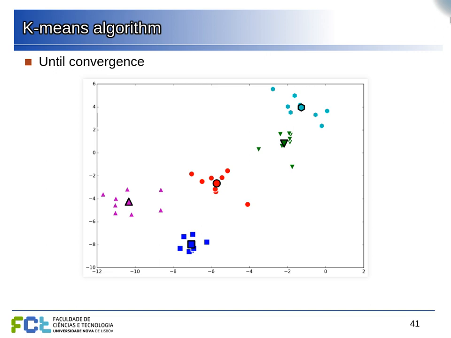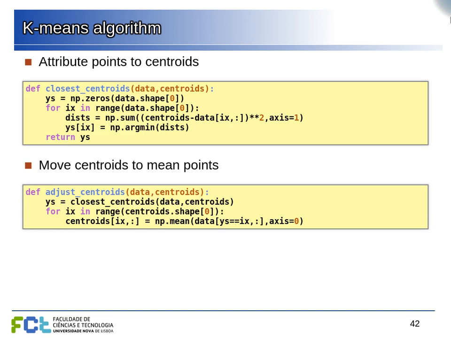So just going into a bit more detail, you don't need to implement this because you have k-means in scikit-learn, but we can look at it. Finding the closest centroids, we simply compute the distances to all the centroids, and then we compute the minimum of all those distances. So we find the index of the centroid that is closer to each point.